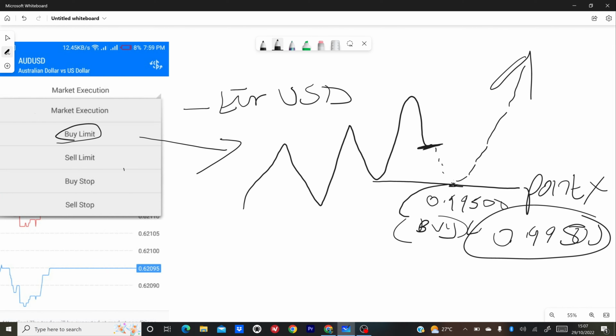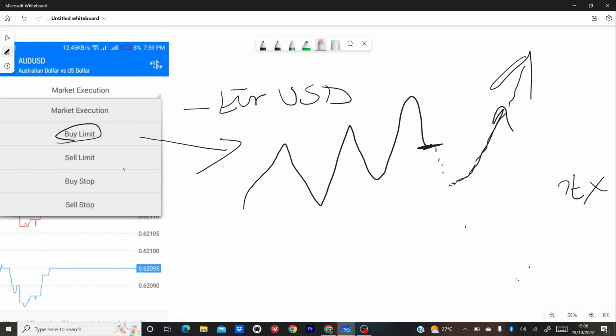If the market continues to go down, it will start going into loss, and when it reaches this point and starts going up, then you will have your profit. I hope you have understood that, it's very easy to understand.